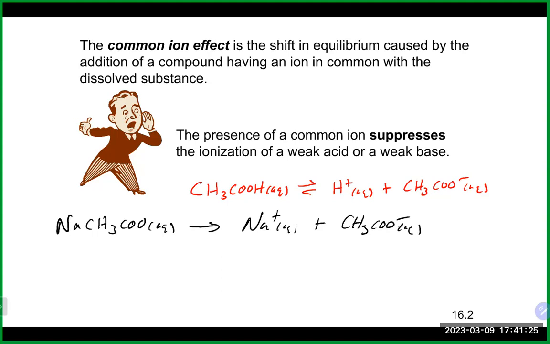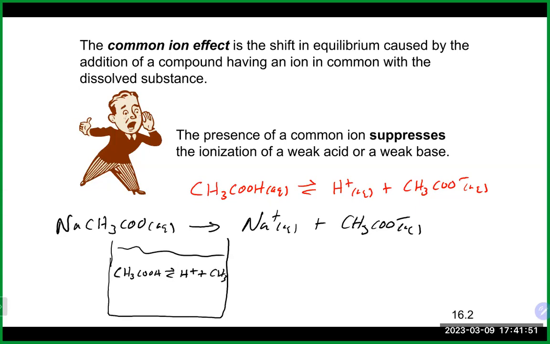So when we do have actually both of these things together in the same solution, there's a couple things you want to think about. When we have the acetic acid, I'll draw a big beaker here. The acetic acid is the one that's going to set up the equilibrium, which means you're going to be able to keep all three of those things basically in solution at the same time.